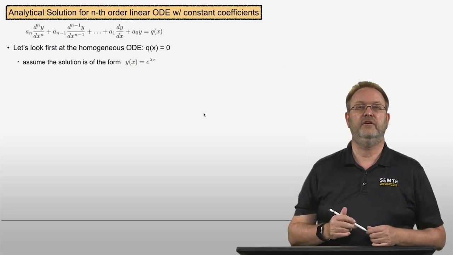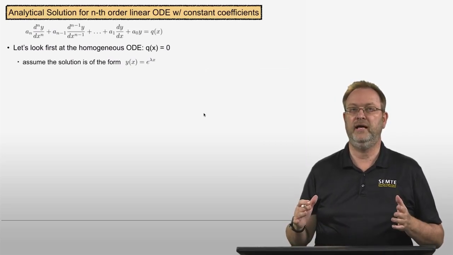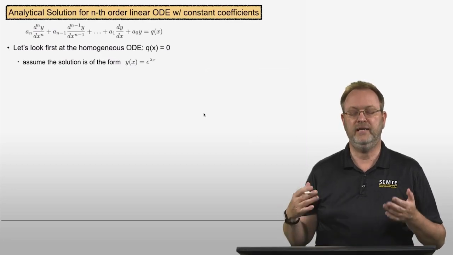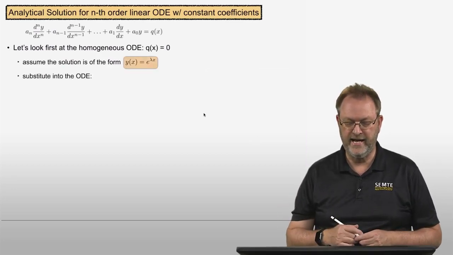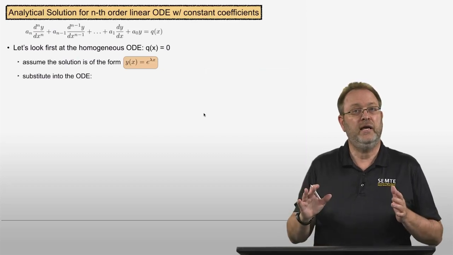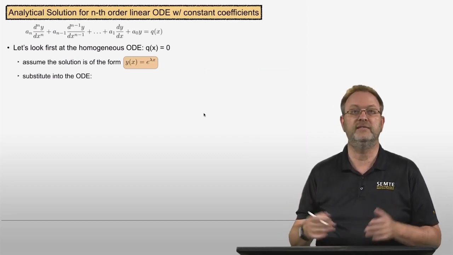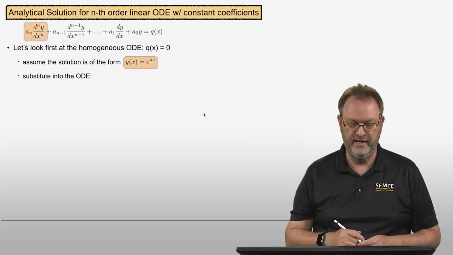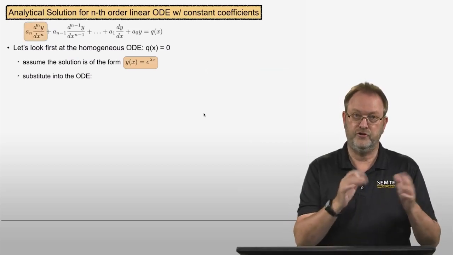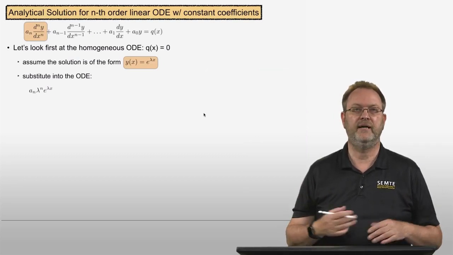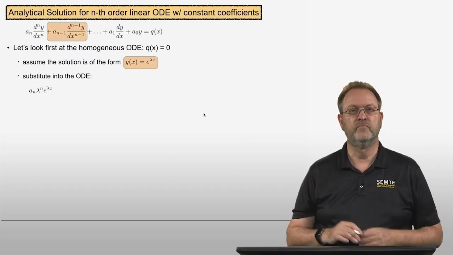And in that case, we can assume that the solution is of the following form. y of x is equal to e to the power lambda x. Now, if we take this assumed solution and substitute it into the ODE, the first term would be a sub n times lambda to the power n times e to the power lambda x.